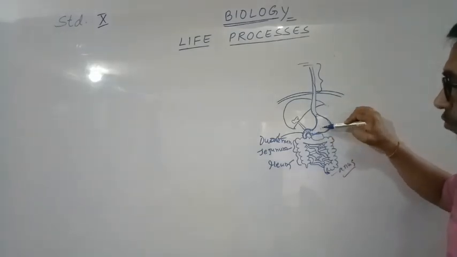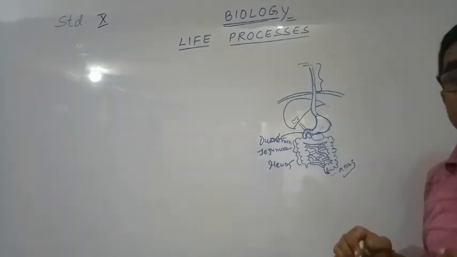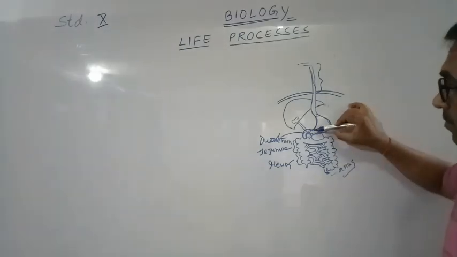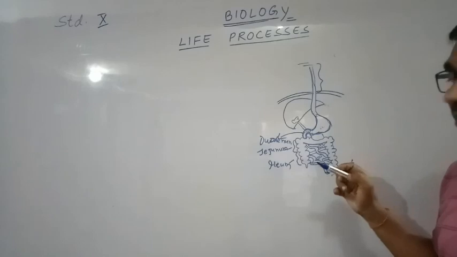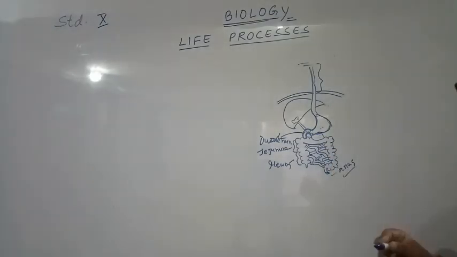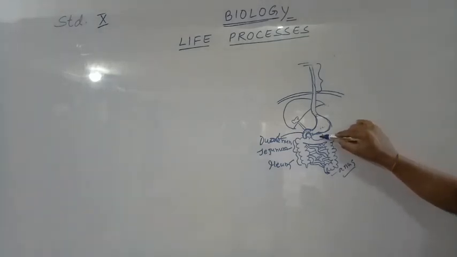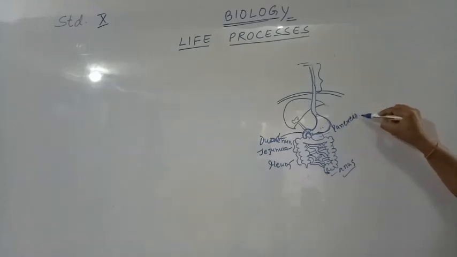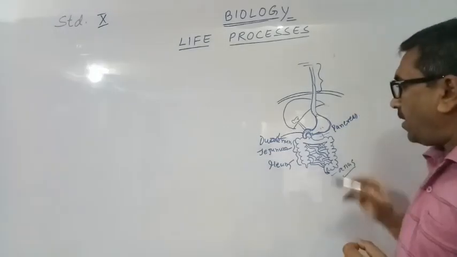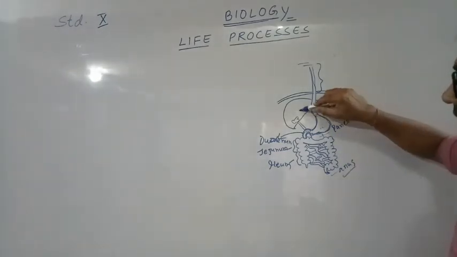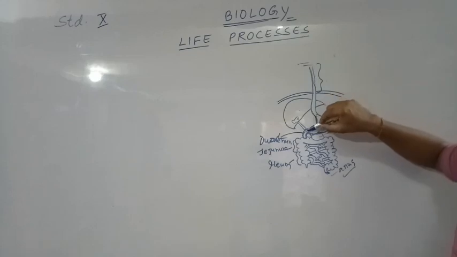Now see, when the food is released from the stomach, it is acidic, and mucus is present only over there. So what will happen when it comes to the duodenum? In the duodenum, it receives pancreatic juice from the pancreas, and from the liver it receives bile juice.